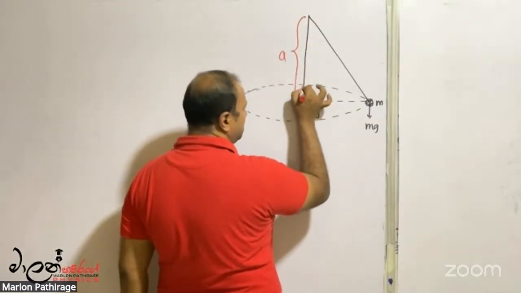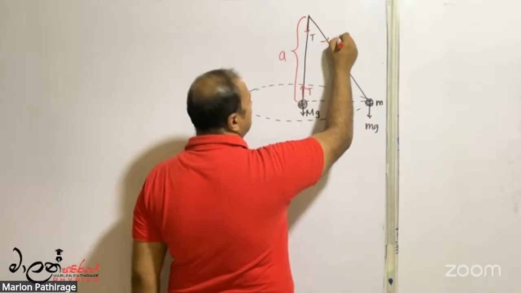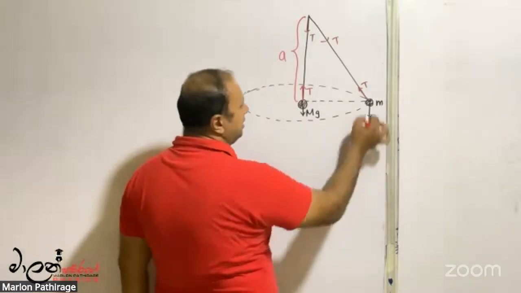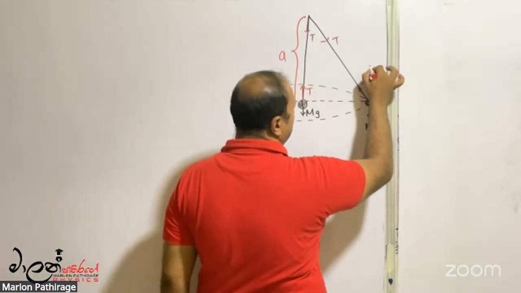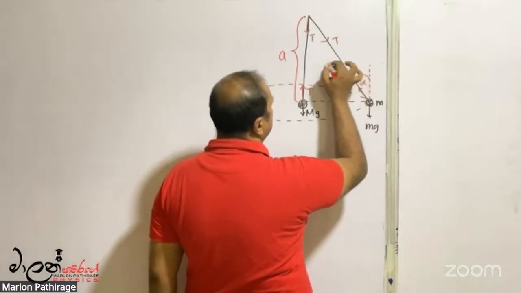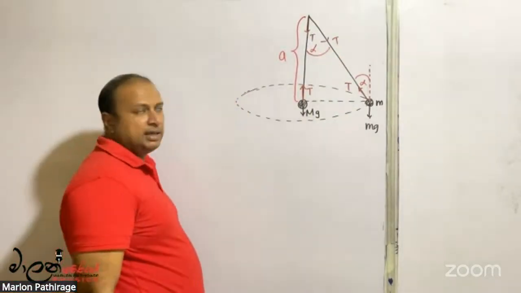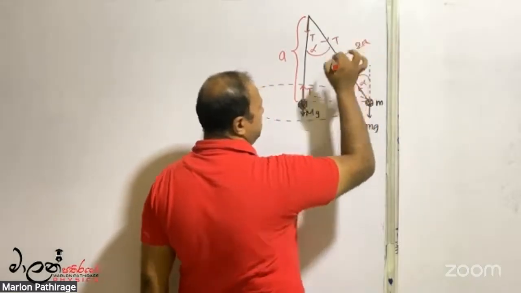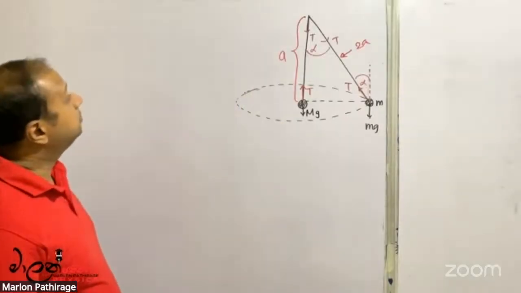There's a tension force T, and tension force here T. Then the angle with the vertical is alpha. As the total length of this string is 3a, the hypotenuse should be 2a, because the entire length of the string is 3a.